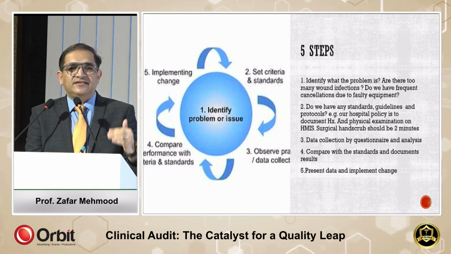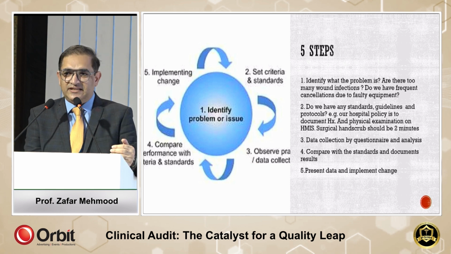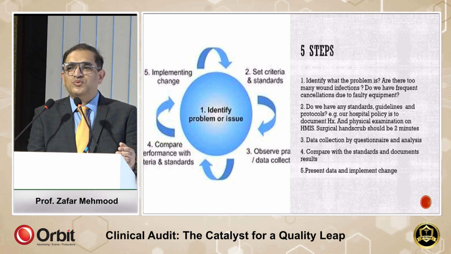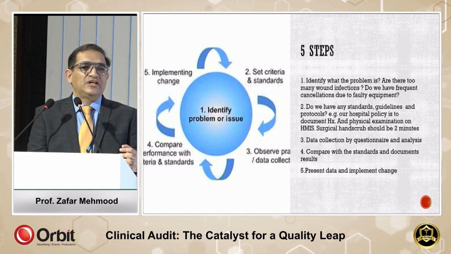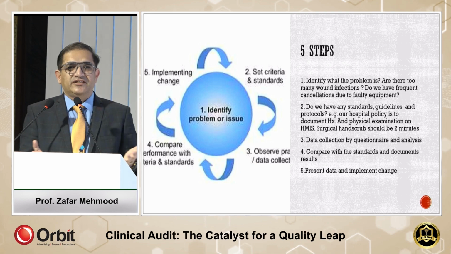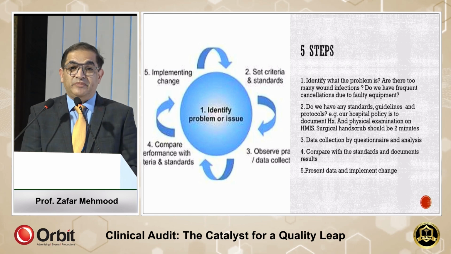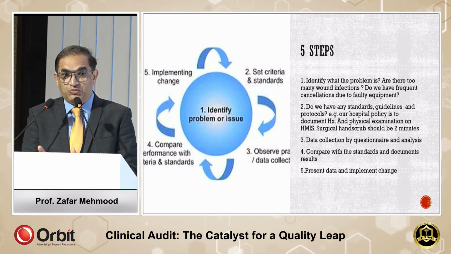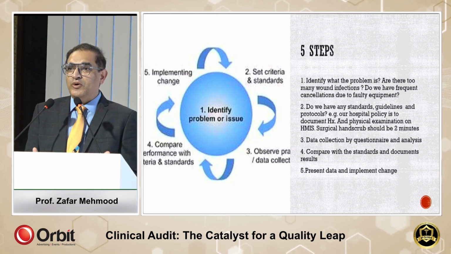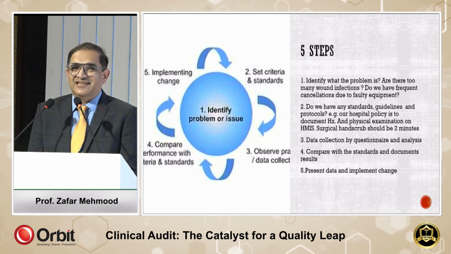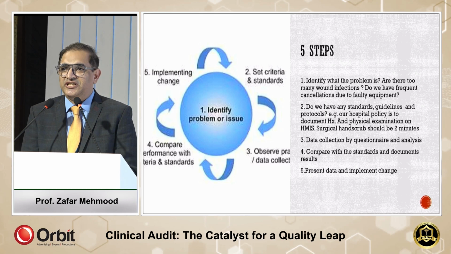If there is any deficiency there, then you find out what the reason is for that. Do we not have enough doctors, for example, or are we getting a large number of patients, and that's why we are missing some of them? Or do we not have enough equipment, for example, computers, for our junior doctors to sit and document all the notes?